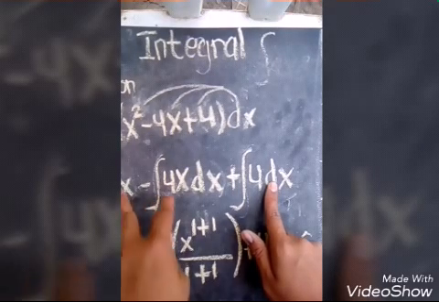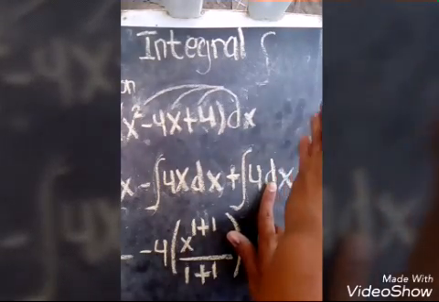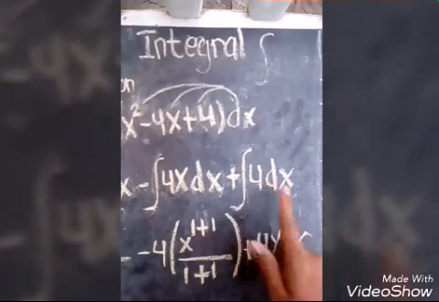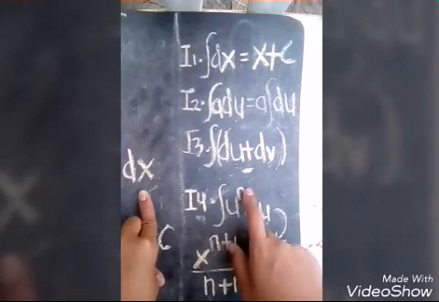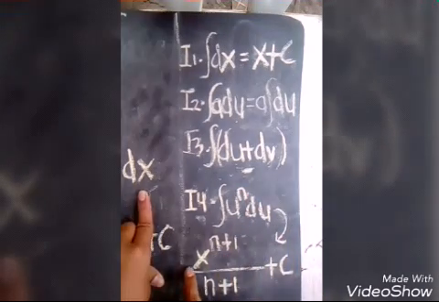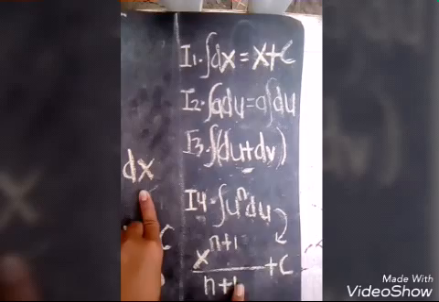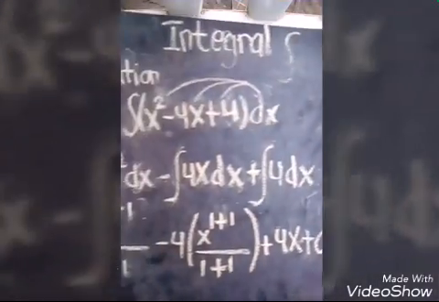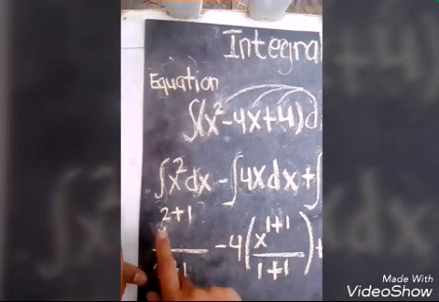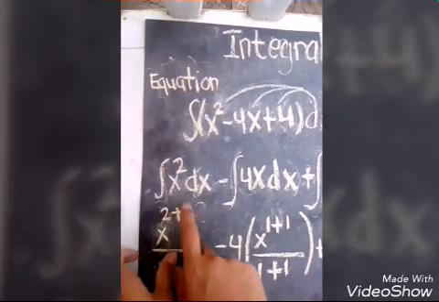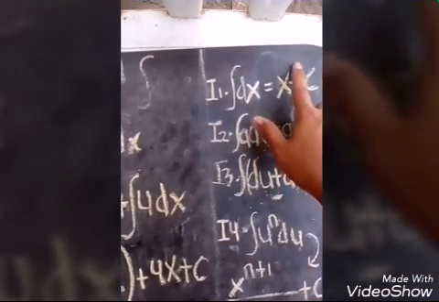So in this method, we need to connect this equation to the other integral rule, the power rule, which is the integral of u to the n du equals x raised to n plus 1 over n plus 1, plus c, the constant. So as we go in this equation, x squared dx, the exponent must be added by 1, because dx is equivalent to x plus c, where x is equivalent to 1.